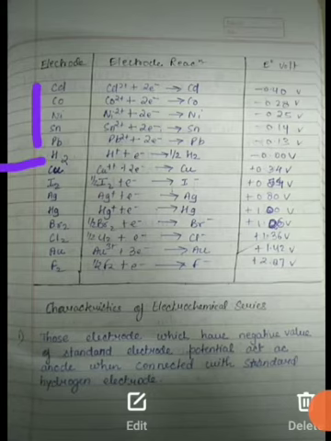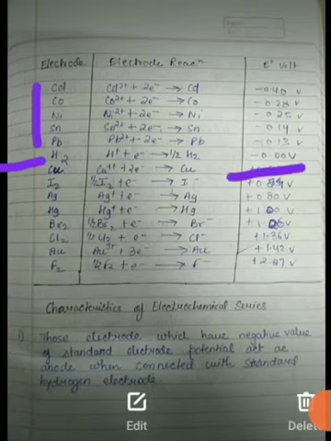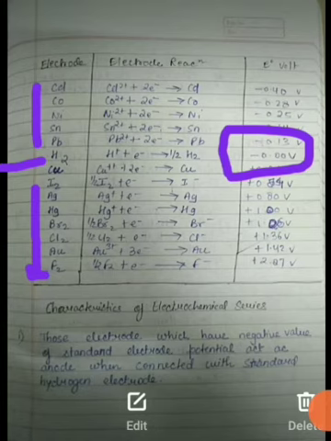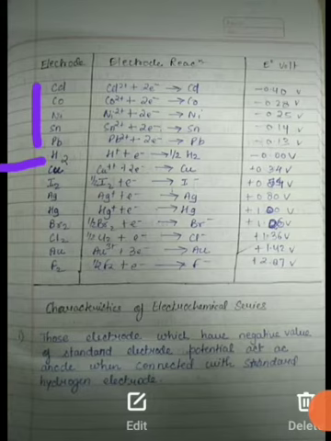Write down hydrogen also, that is 0.00 volt, then it goes on increasing: for copper it is plus 0.34 volt, for gold plus 1.42 volt, for fluorine plus 2.87 volt. It is totally up to you how you remember it.